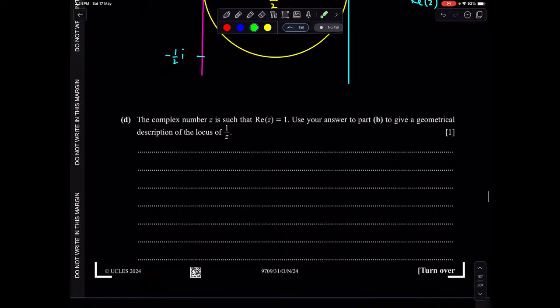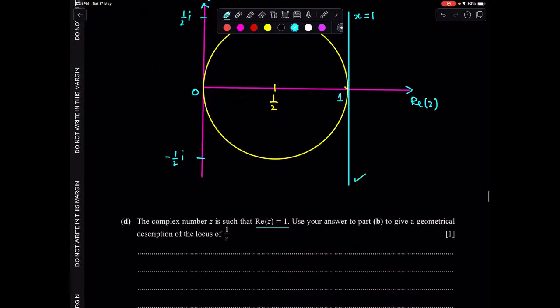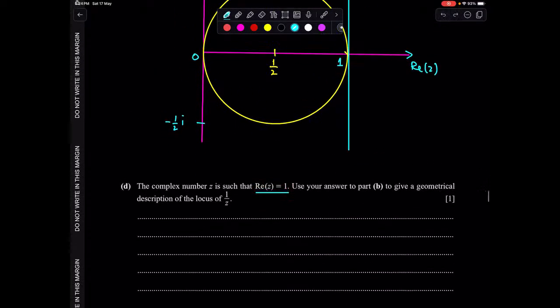Next part. The complex number z is such that real part of z is 1, means this one. Use your answer to part B to give a geometrical description of the locus of 1 upon z.